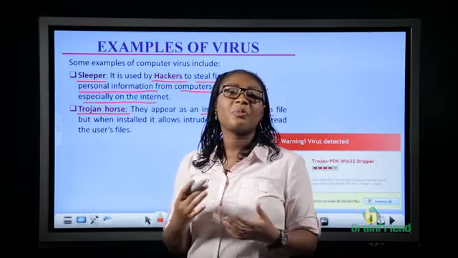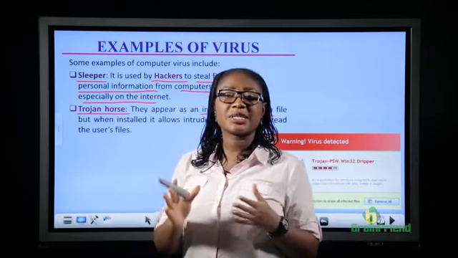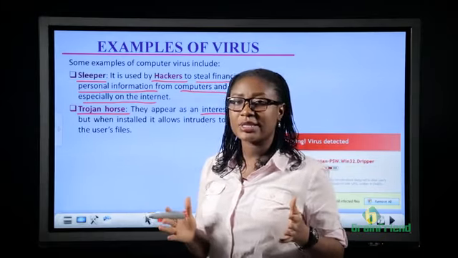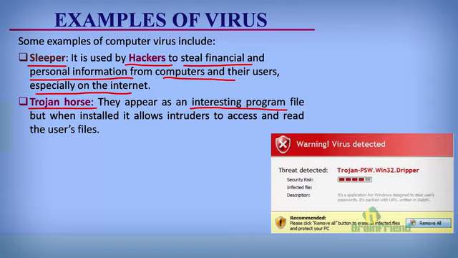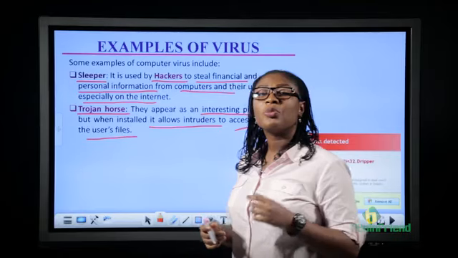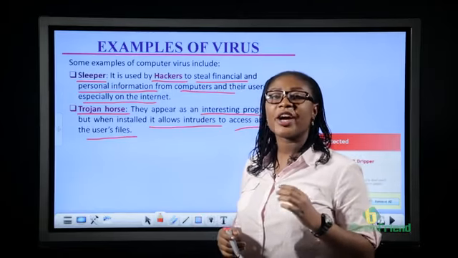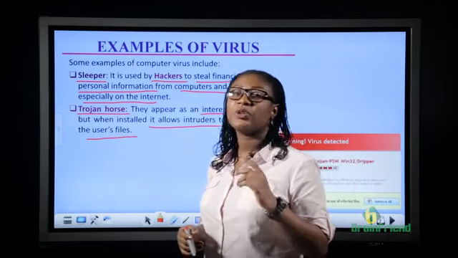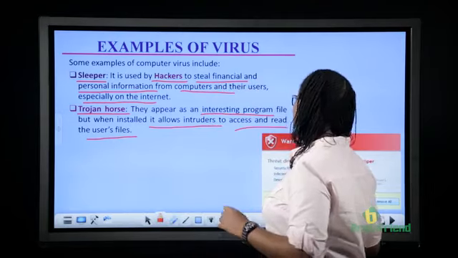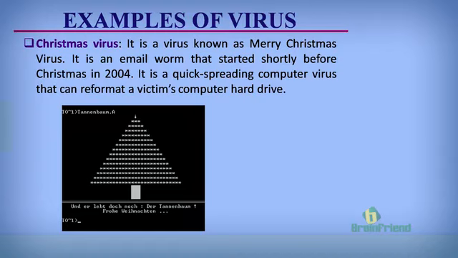You think it's not harmful. It might just be on your system and you might not notice. So it appears as an interesting program file. But once you install it on your system, it can allow intruders, hackers, to access and read your files. So most companies always use antivirus so that they can keep their information safe from hackers or intruders.